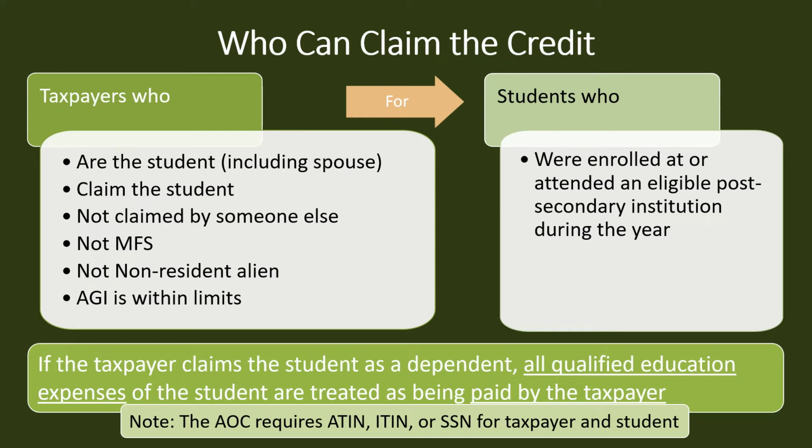So, if we have a situation where taxpayers are claiming their student child and the student child made some contributions towards their educational expenses, then it's the parent who is claiming the child who gets to claim the credit. And then just a special note, again, with our American Opportunity Credit, it's going to require an ATIN, an ITIN, or a Social Security number for the taxpayer and the student.